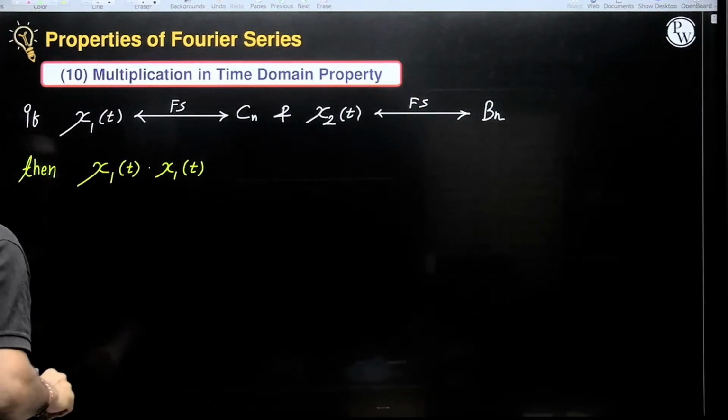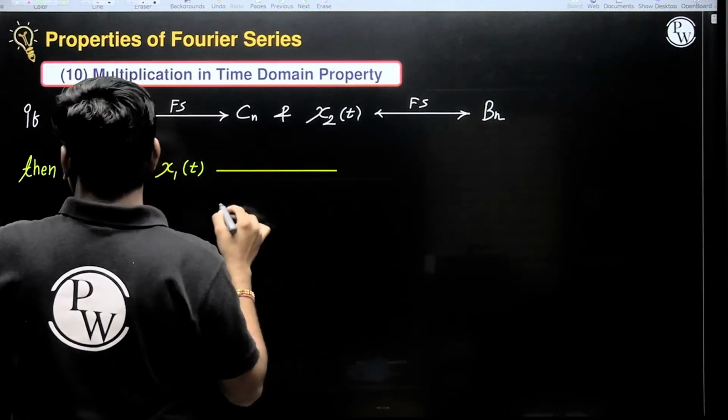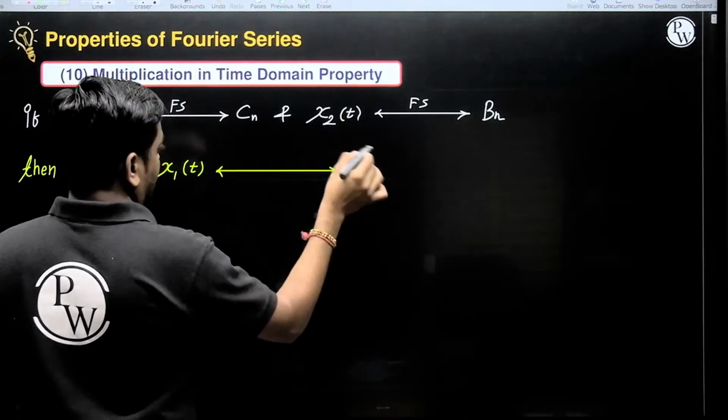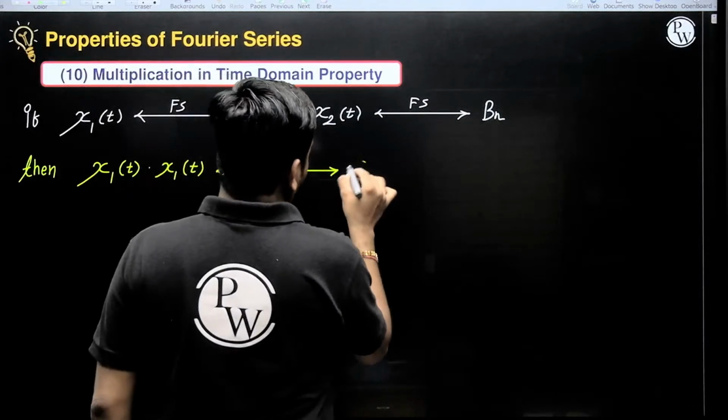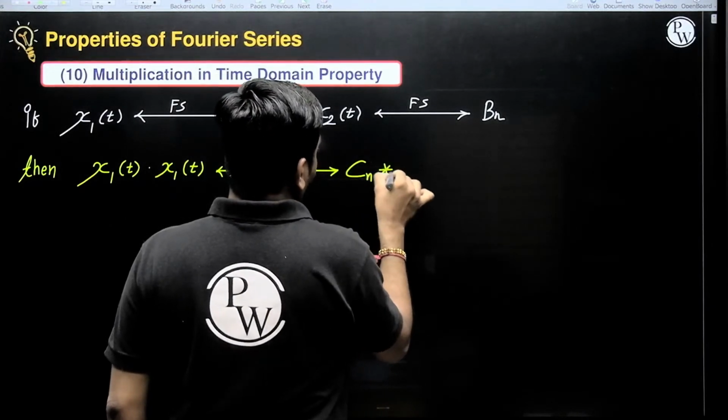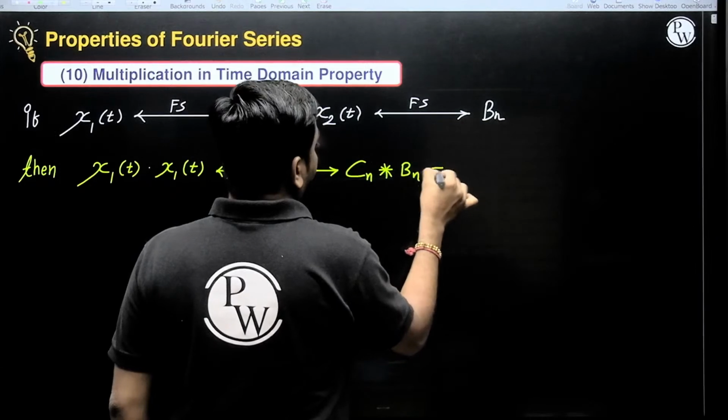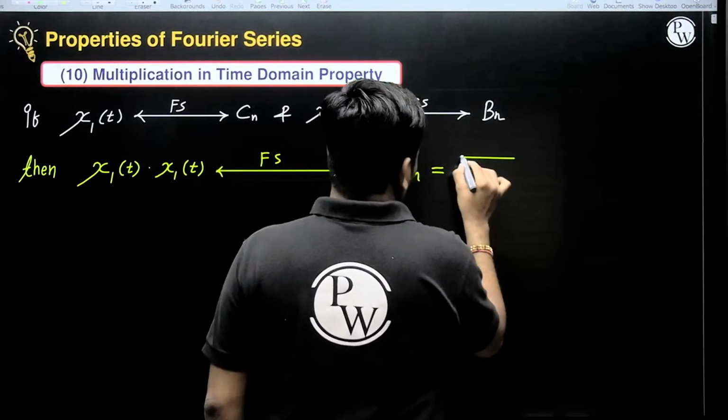Multiply these two signals in the time domain, then there is a convolution between the corresponding Fourier series coefficients in the frequency domain, and it is a discrete convolution. How do we perform the convolution?